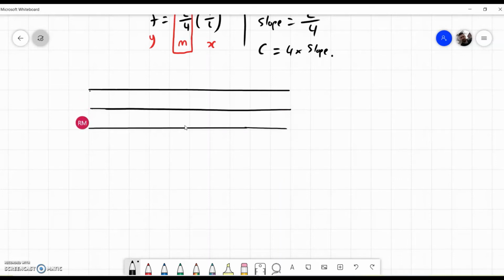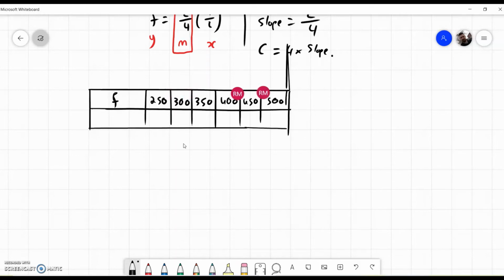And I'm going to use the frequency values from the question. And I will use the reciprocal of the lengths in meters. So when I do that, that's going to give me my values for f is equal to 250, 300, 350, 400, 450, 500.